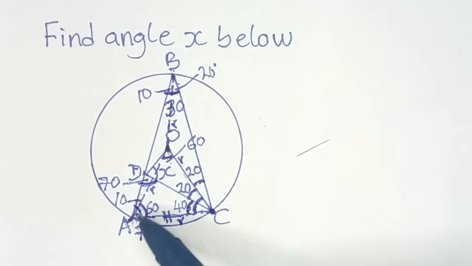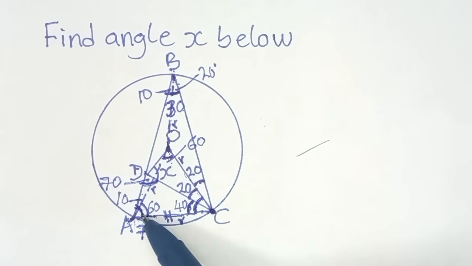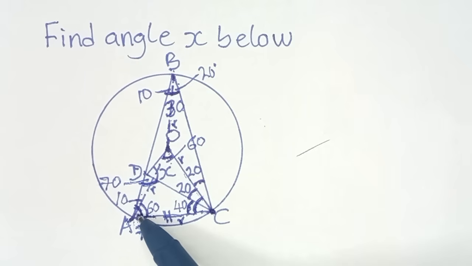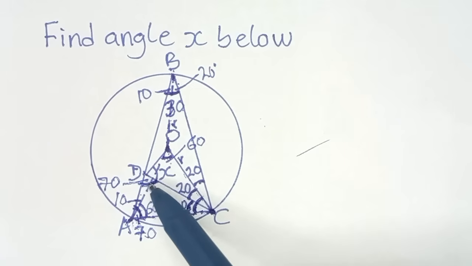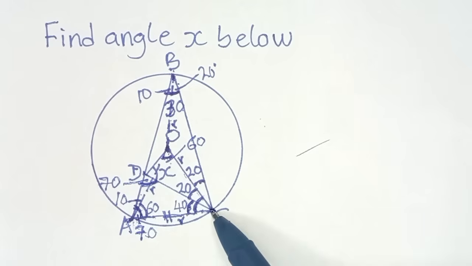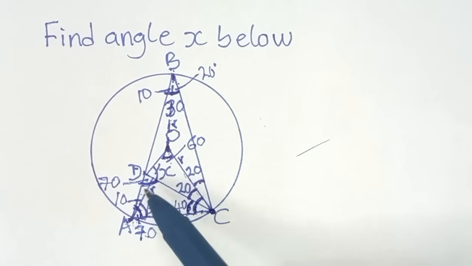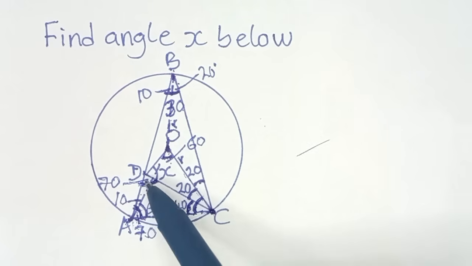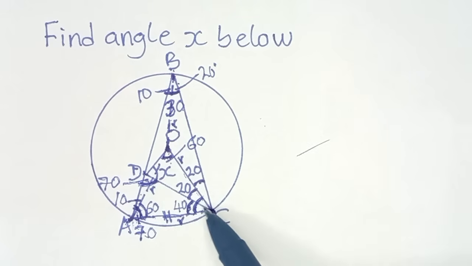Now, since this base angle is 70 and this is also 70, they are both equal, 70, 70. In triangle ADC, I have this base angle 70 and this base angle 70, meaning that these two sides are equal, because when the base angles are equal, it is telling us that it is an isosceles triangle.